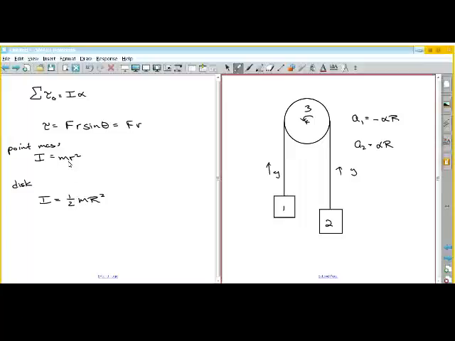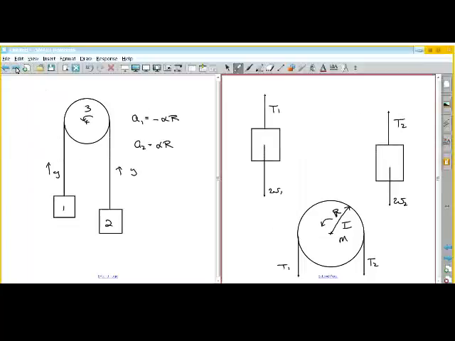The moment of inertia is important for rotating systems, which not only depends upon the mass of the object, but where the mass is distributed. We've gone through a couple of iterations of this type of problem, so we are able to relate the linear and the rotating properties through this relationship, because the rope, which moves up and down, is also connected to the outside of this pulley.